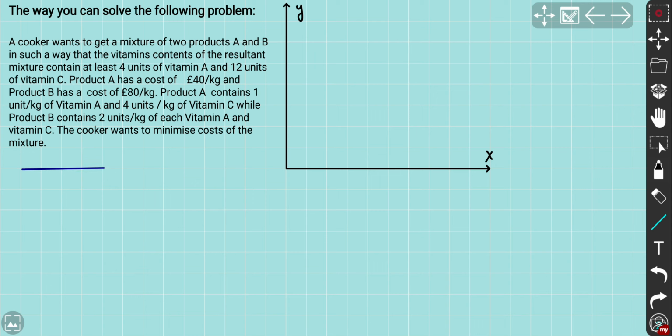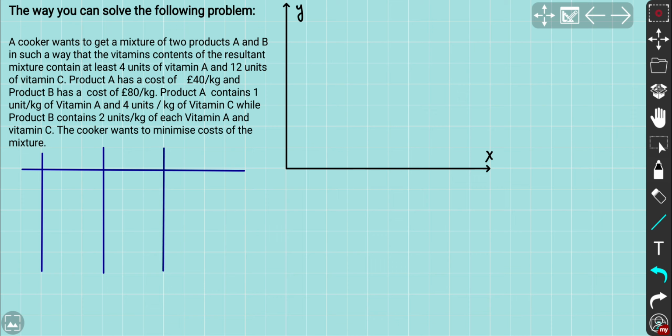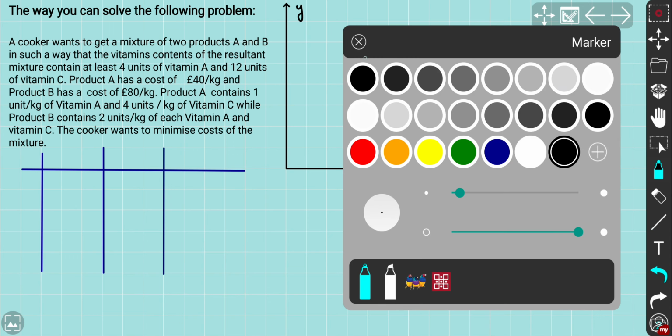So here is going to be a two-way table, two-way because we have two products and the ingredients in each one, and we also have the cost in this case.